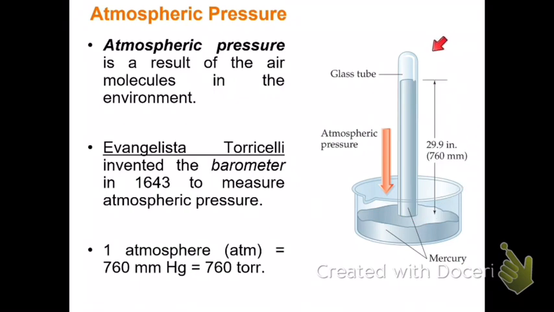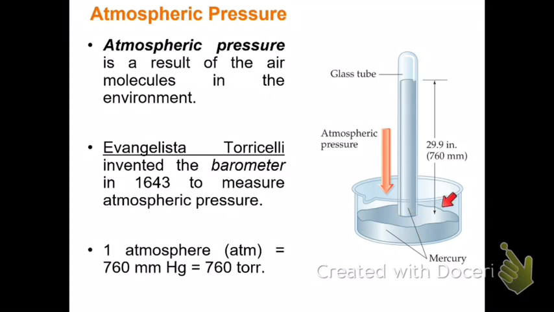It's a glass tube filled with liquid mercury. So they use liquid mercury as a unit of pressure, right? Atmospheric pressure exerts onto this liquid mercury and pushes it up. The height of this liquid mercury is measured as the atmospheric pressure.